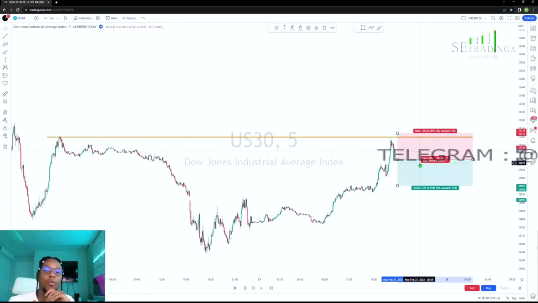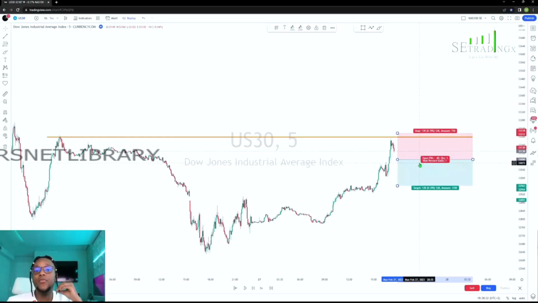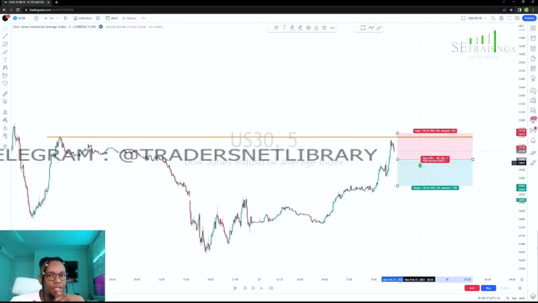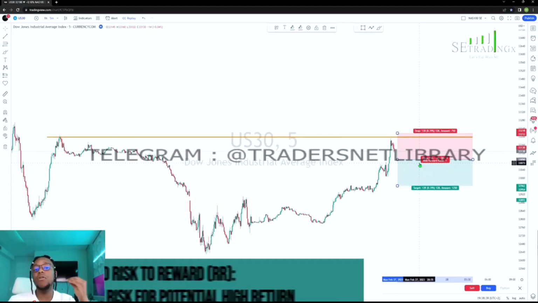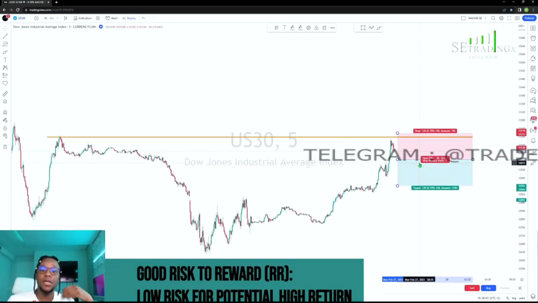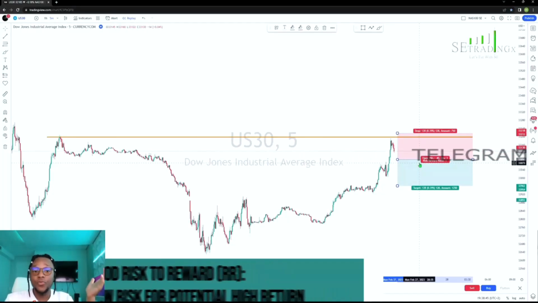However, that's not good R&R when it comes to trading Forex. What you want to do in Forex is risk $30 on a trade with the potential to make $150. That's good R&R because the potential return versus the actual loss is really, really high.